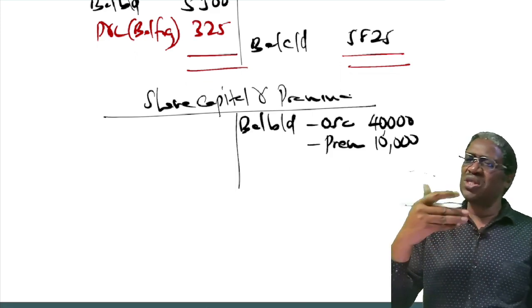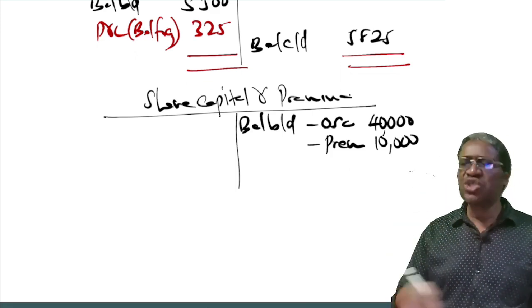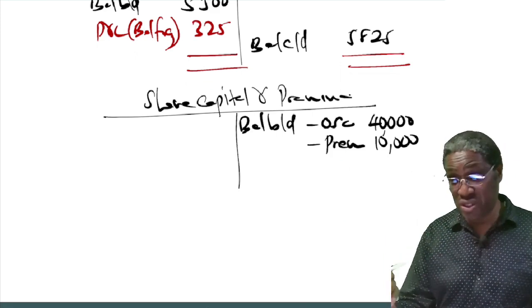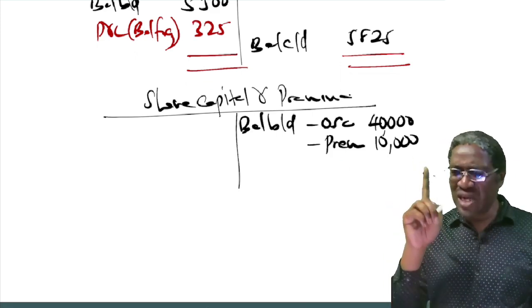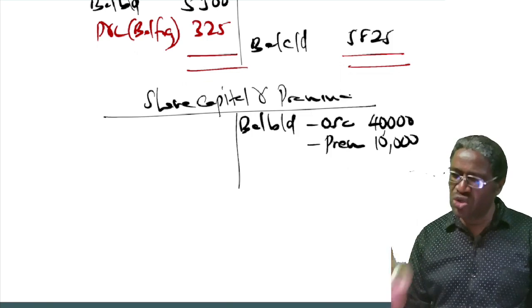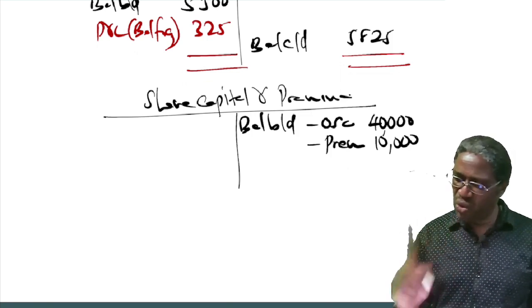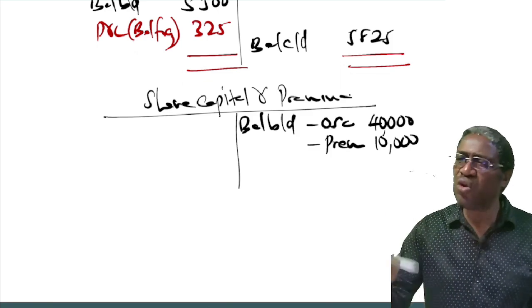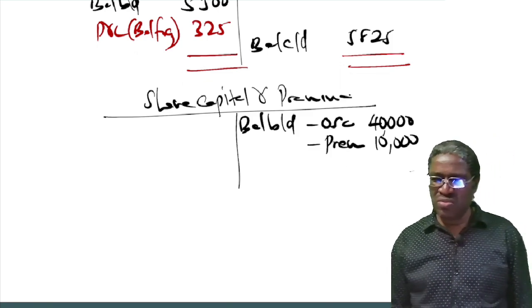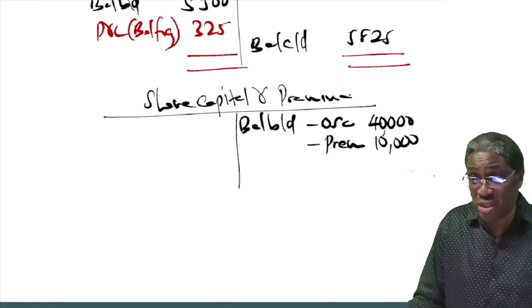Whether the company is issuing the shares for cash or for free, share capital normally will have to increase. So if there was a note concerning bonus shares, you will find out from the question what was the source of financing the bonus, because we are not issuing them for cash.